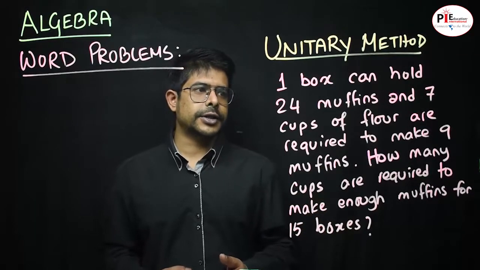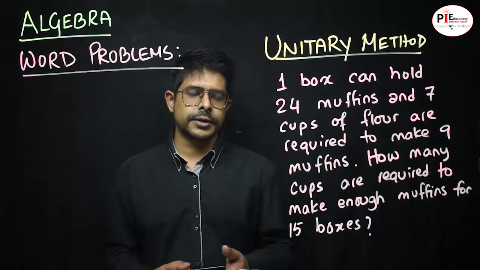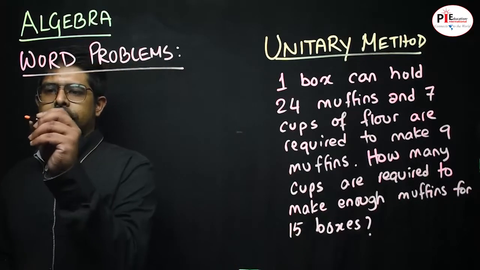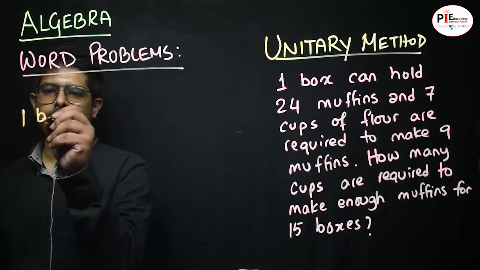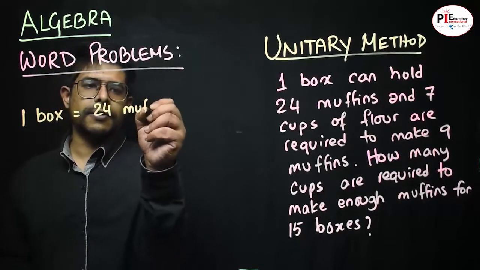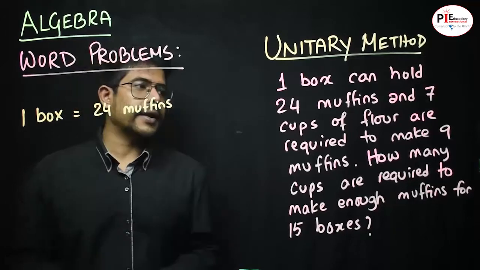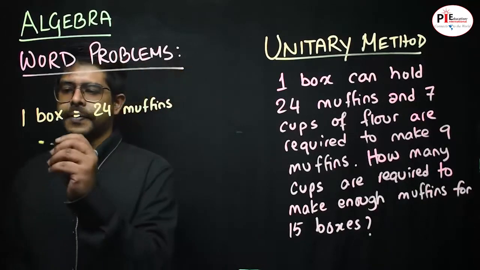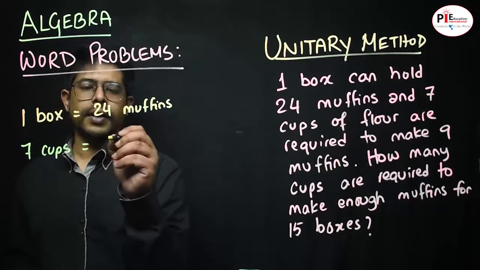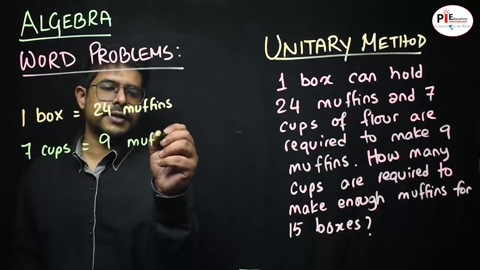So there are actually 2 conversions. What are those conversions? The first conversion is 1 box equals 24 muffins. The second conversion is 7 cups equals 9 muffins.